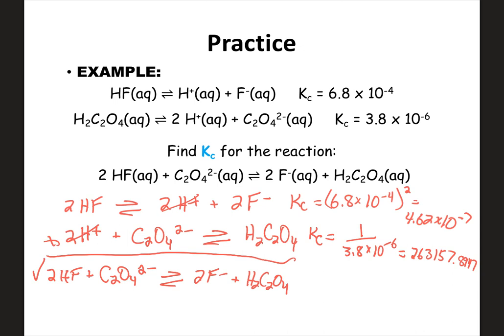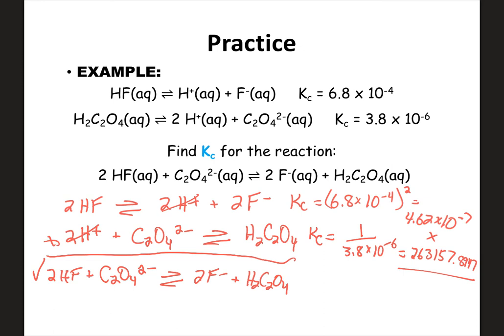This is good. So that means now if I added up these reactions to get the target equation, I have to take my new K values and multiply them together to get my new K value. Remember, because we added up the reactions, you don't add up the K values, you multiply them together here. So I've already made my changes to the K value. That's important.